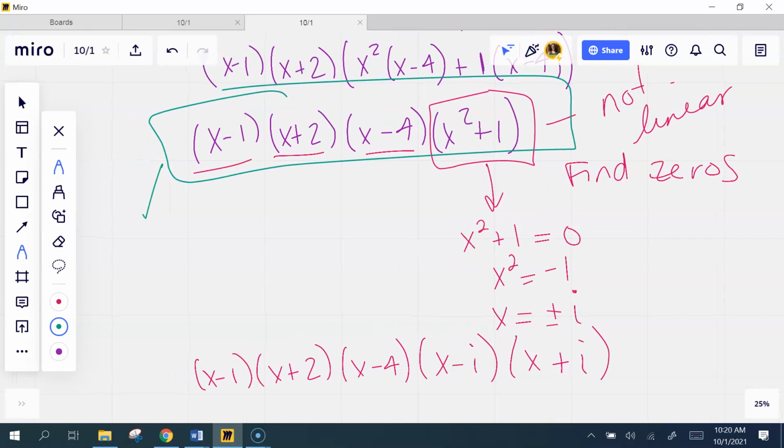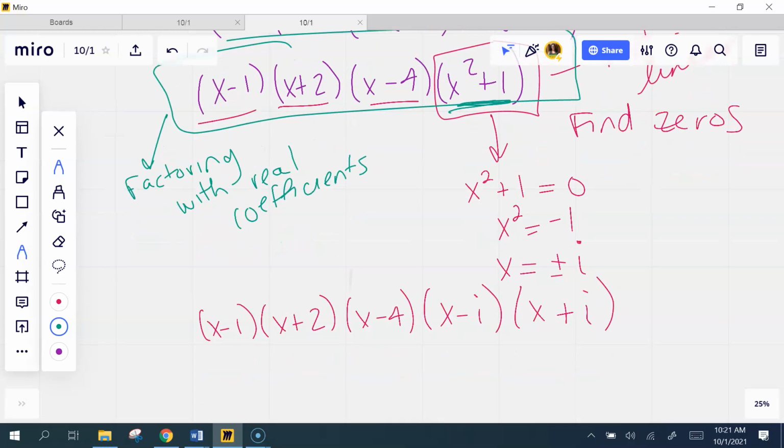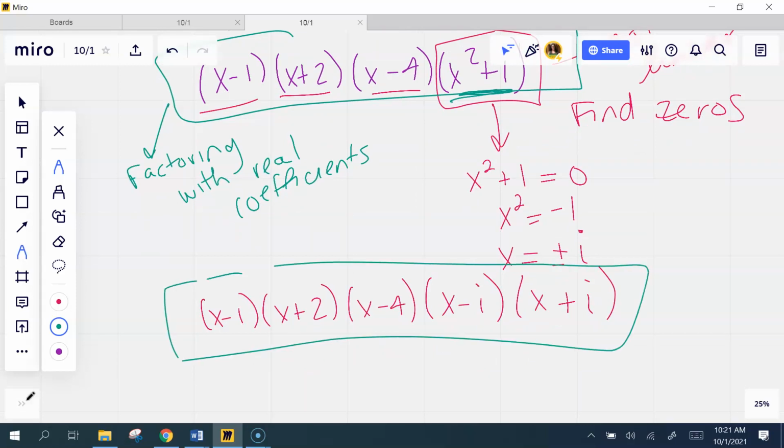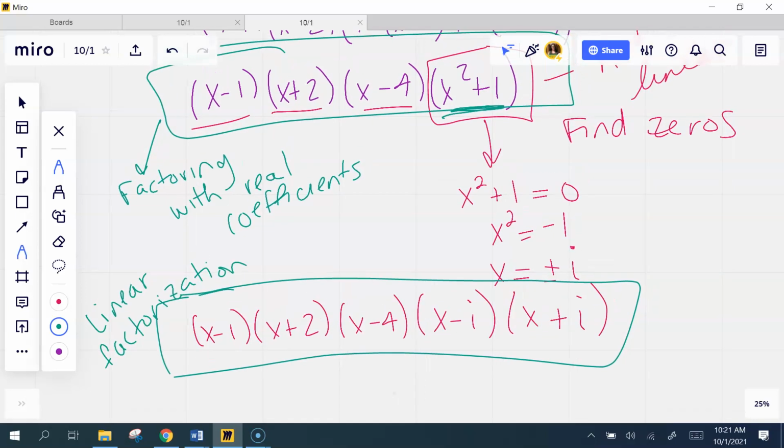This would be what we call factoring with real coefficients. I would have to leave it at the point that it's completely factored, because I don't want to include imaginary solutions when I talk about real coefficients. But this is linear factorization. See the difference in the two?